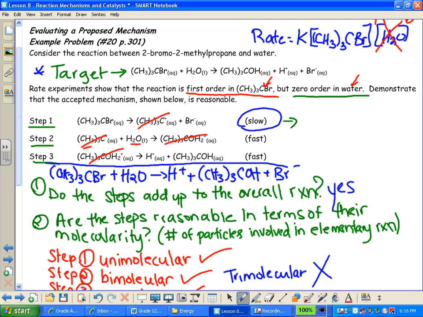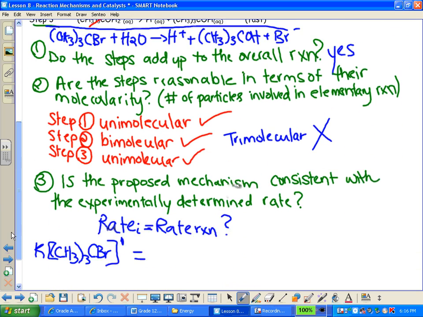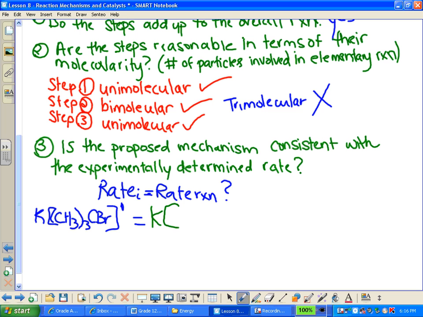So if we write the rate law for this, rate would be equal to, we put in our reactant, CH3Br, and then our exponent: we only have 1 as our coefficient in front, so it would be to the 1. So we rewrite that down here, what we just got from above, and we see that the rates actually do match.